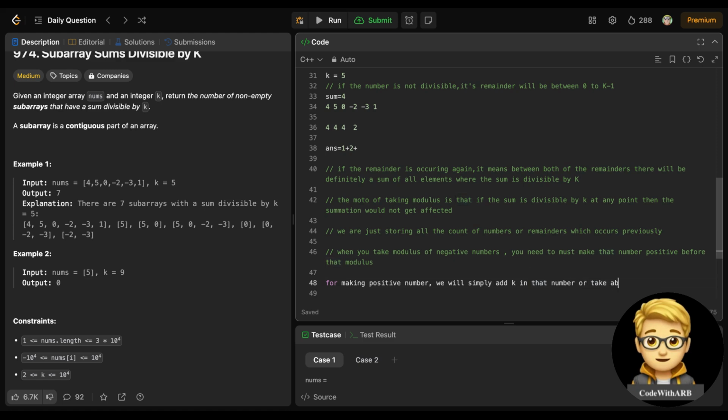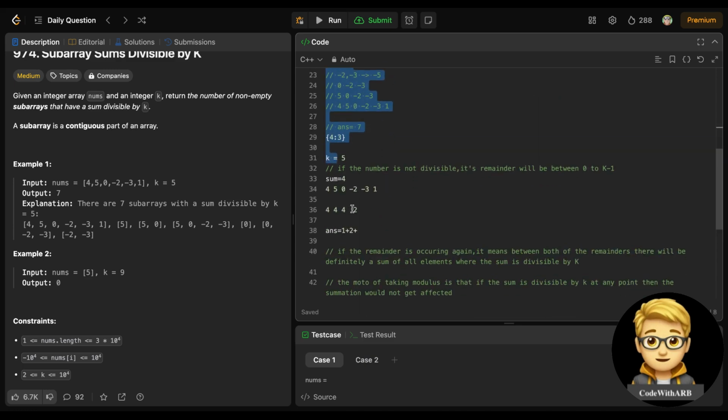Or take the absolute value of that number. Either you simply add k, or take the absolute value. So -2 is given, so either you can make it 2 and then take modulus, or you simply take -2 modulus 5, which equals -2, and then you add 5. This becomes 3, right?